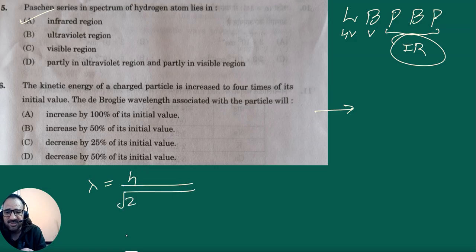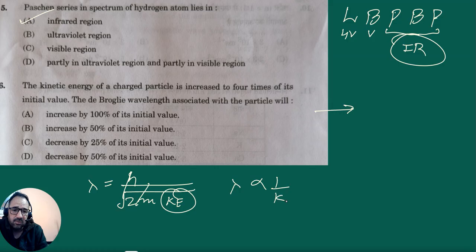I'm not deriving the formula, I'm directly writing it. So you can see here kinetic energy is increased by 4 times. These are constant things for the electron. That's why lambda is inversely proportional to root of kinetic energy. Then the formula becomes lambda1 upon lambda2 is equal to the inverse ratio, root of KE2 upon kinetic energy 1.